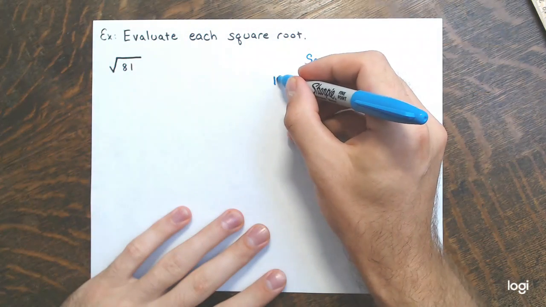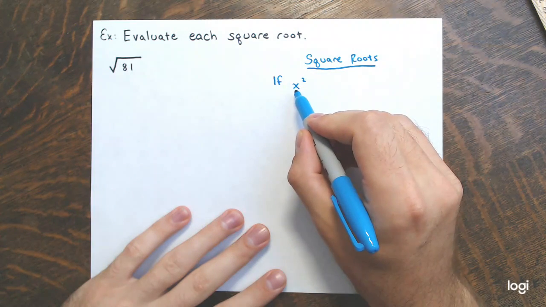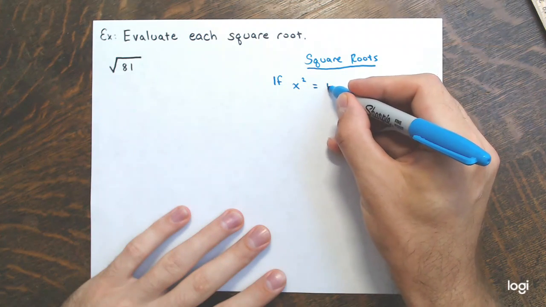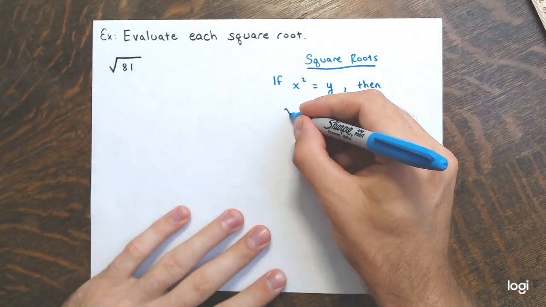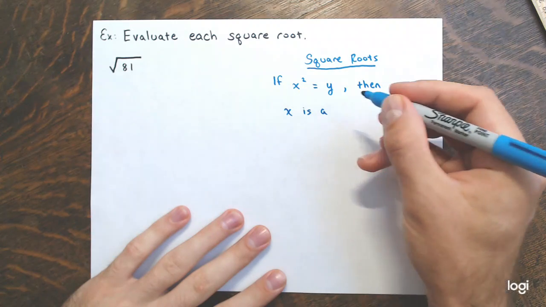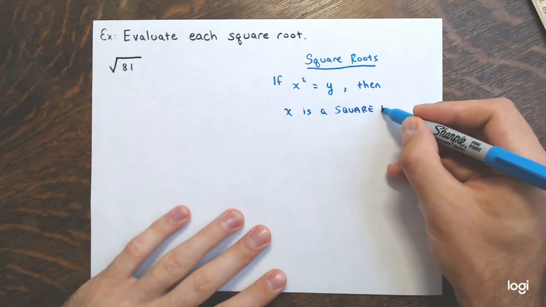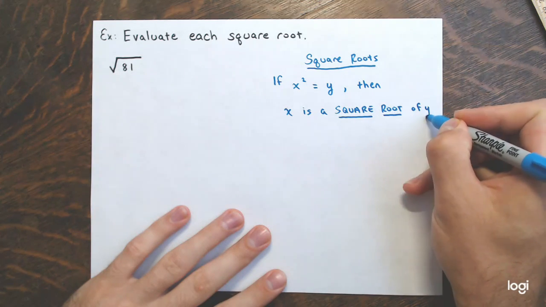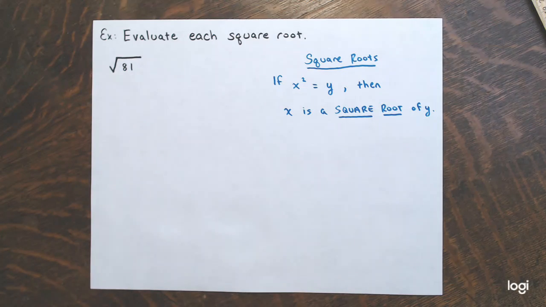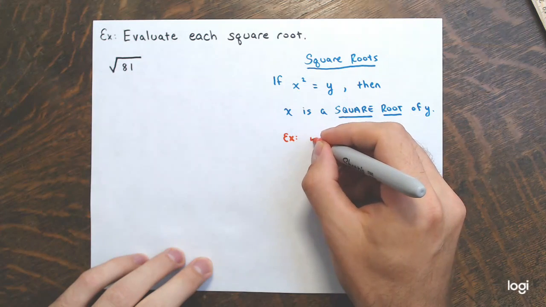So if x squared, if some number x, if x squared is equal to y, then we say that x is a square root of y. For example, 5 squared.